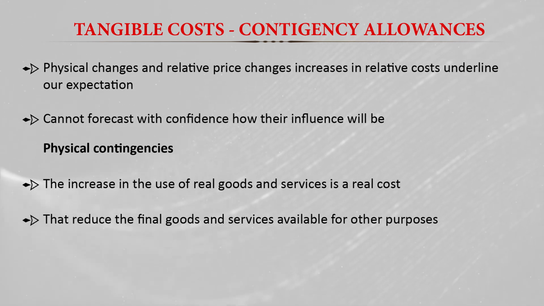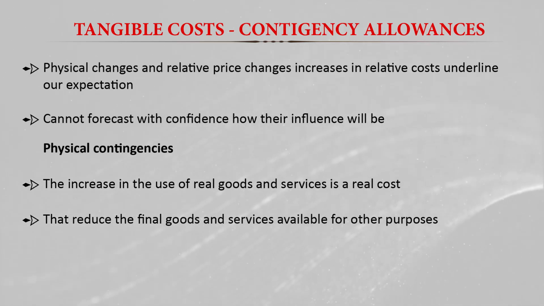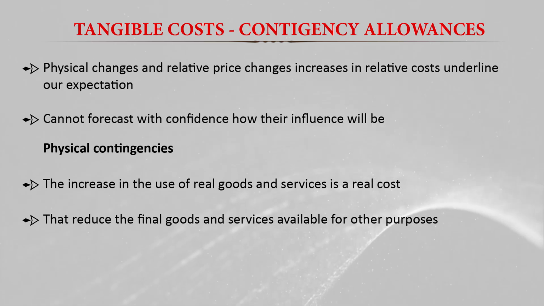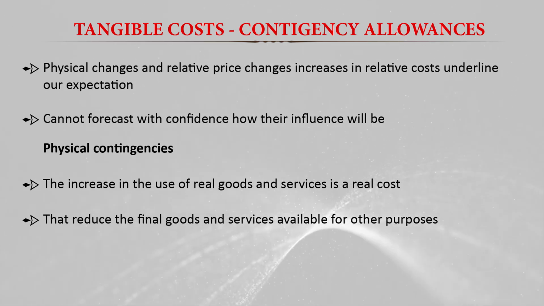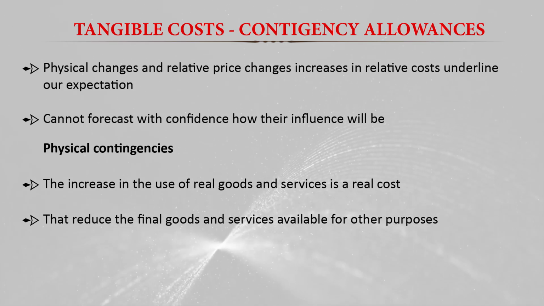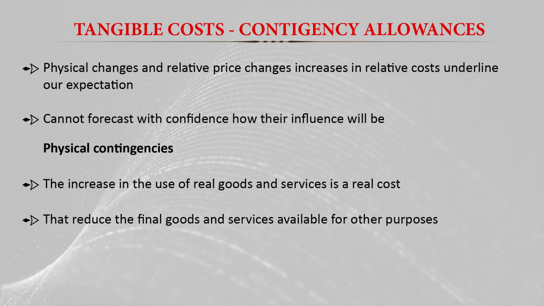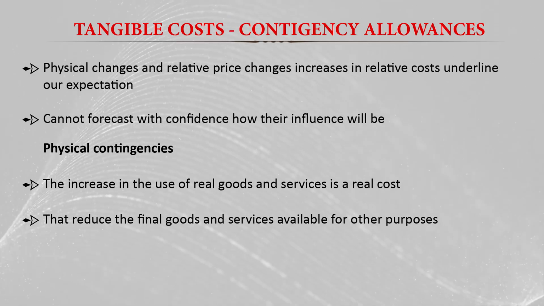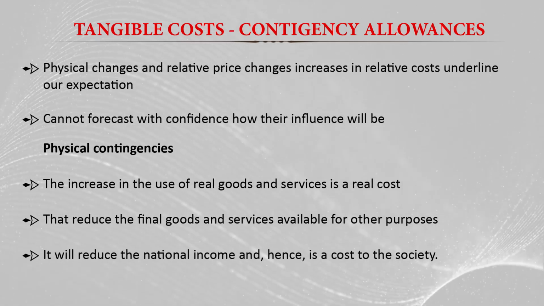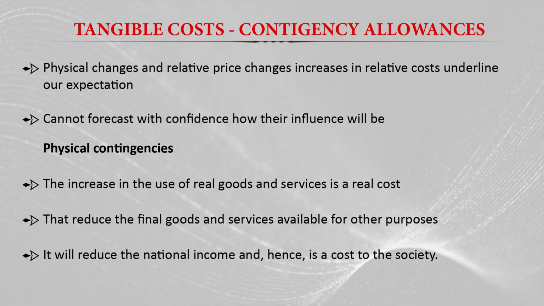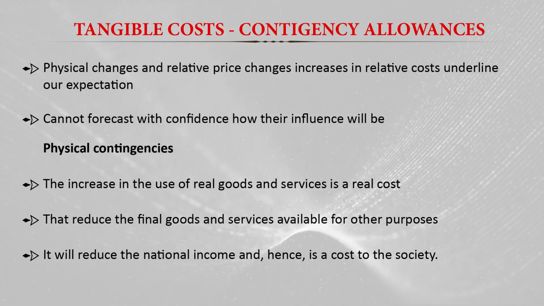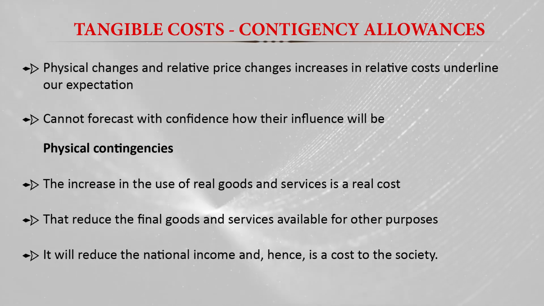So when we increase the cost, we will achieve fewer objectives or less final product from the projects. We can say the income will be less if there is an increase in the value of the cost of the physical goods and services, and it will reduce the national income as a whole in the society, and hence it is a cost to the society.